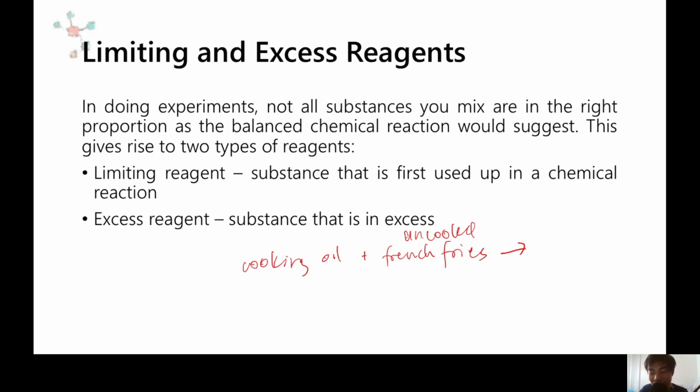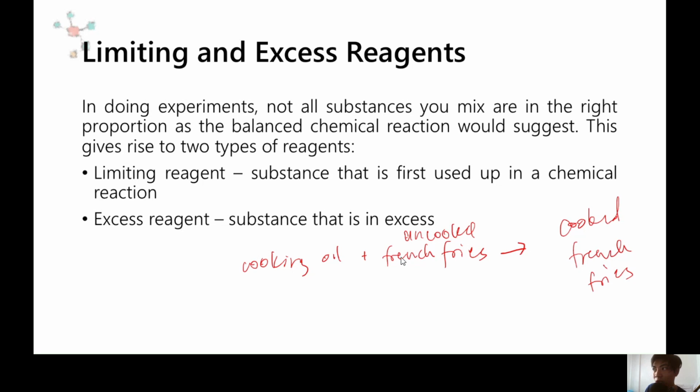Yun nasa product side ko, let's say cooked na French fries. Cooked. So this is like my chemical reaction.